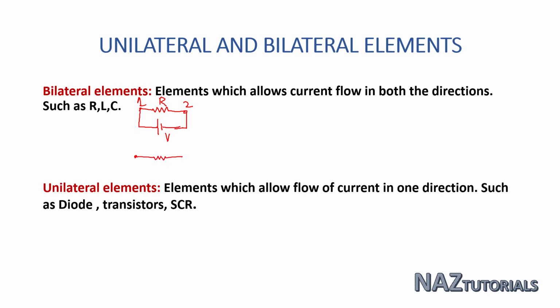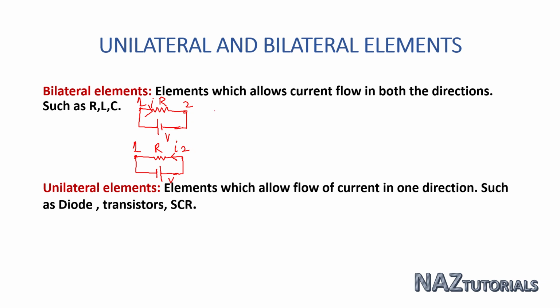In the second case, a voltage source with reverse polarity is connected to this resistance R. In figure 1, current will flow from 1 to 2, and in figure 2, current will flow from 2 to 1. The behavior of this element will remain the same.